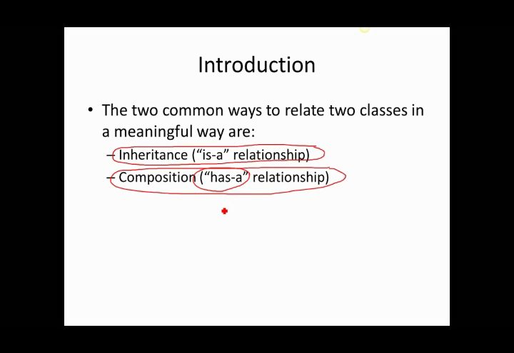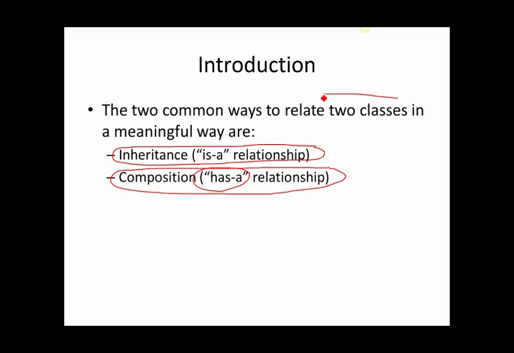In object-oriented programming, the beauty of it, and why it is so popular, is the way it allows us to relate two classes together. These are the two ways, inheritance and composition. That is basically part of code reuse.